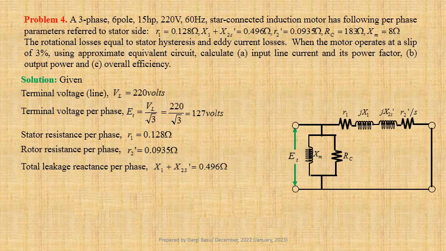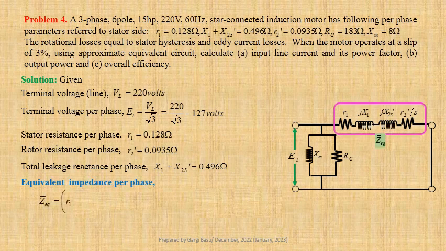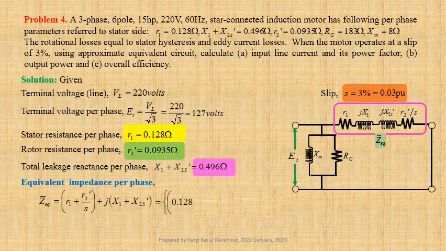For any value of slip S, equivalent impedance per phase ZEQ equals R1 plus R2 dash by S plus J times X1 plus X2S dash. Given slip S equals 3%, that is equal to 0.03 per unit. Therefore, ZEQ equals 0.128 plus 0.0935 by 0.03 plus J times 0.496 ohm.